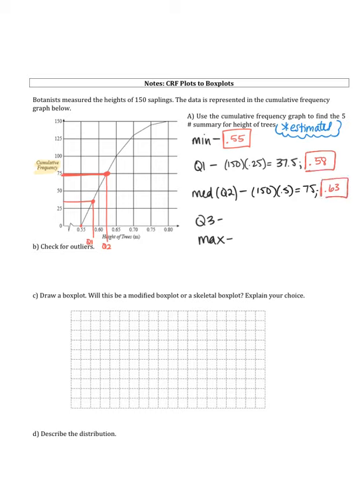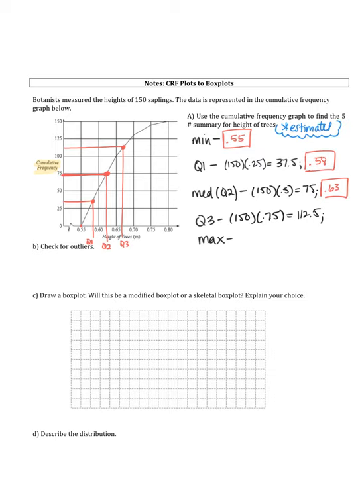My Q3 is 75% of the data, so 150 times 0.75 is 112.5. I'm going to estimate that. I'm going to say it's probably somewhere right here in the middle. Again, as straight as you can. It's kind of hard on an iPad, so I understand.